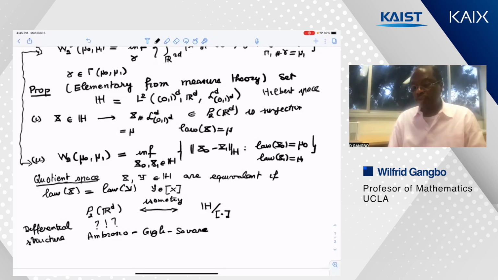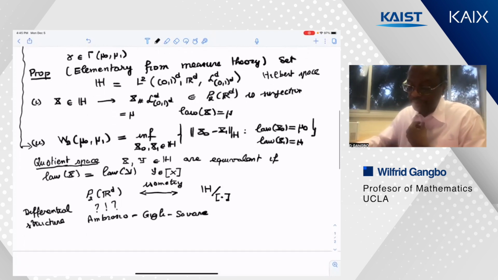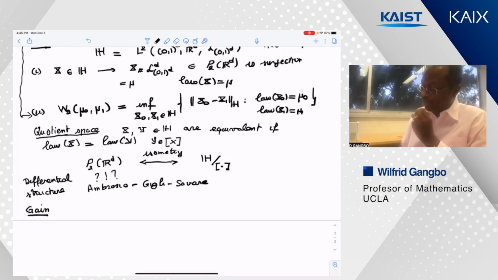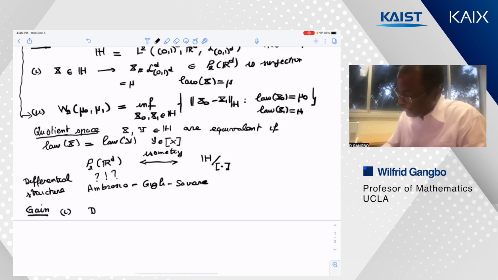And I would like to rely on this isometry, which I used above, to show that the differential structure by Ambrosio, Gigli, and Savaré is equivalent to the differential structure on the quotient space. So here is the gain. If you are able to express the intrinsic differential structure using the flat differential structure, here are the gains. First, differential structure.